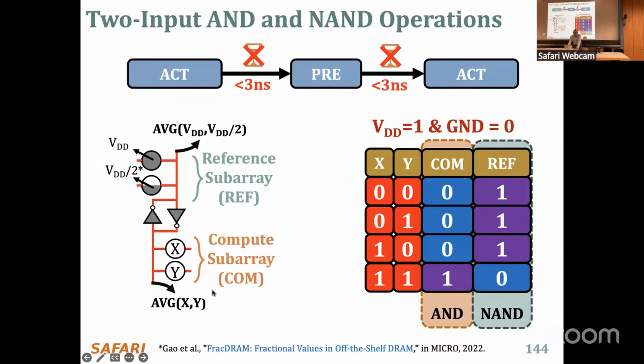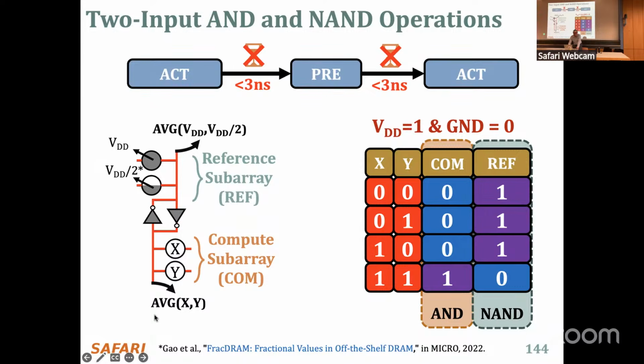Now, for this compute subarray to compute a 1 at the bottom, the average voltage of X and Y should be greater than 3 VDD over 4. Right? If that's not the case, this will compute a 0 over here.